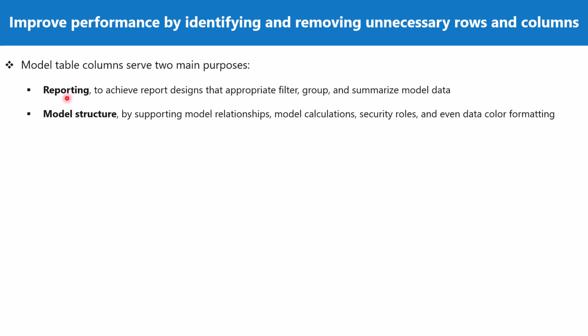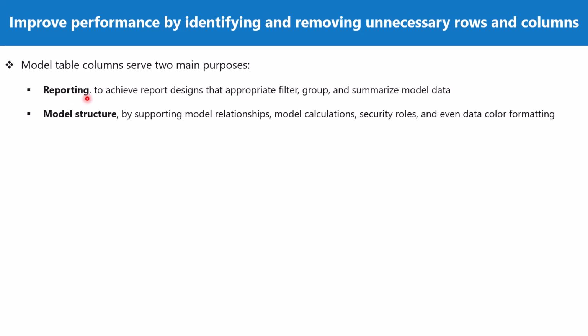So let's first talk about the columns that we have in a data model. Our data model can have multiple tables. There could be multiple dimensions and multiple fact tables, and within each table there are multiple columns. Any column inside the data model table serves two main purposes. The first and foremost purpose is reporting.